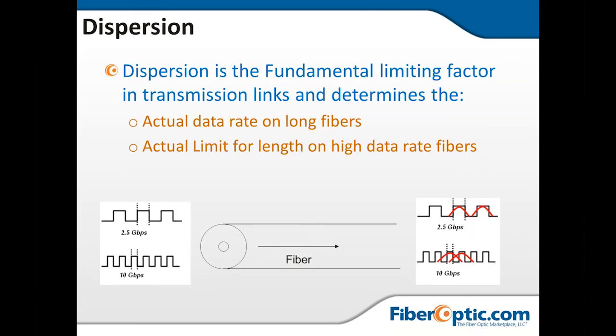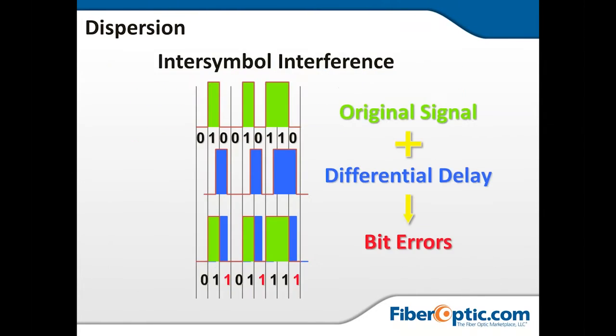So you see, we are limited in our bandwidth, or we have to go a shorter distance with the higher bandwidth. And therein lies our tightrope that we walk. We start getting inter-symbol interference.